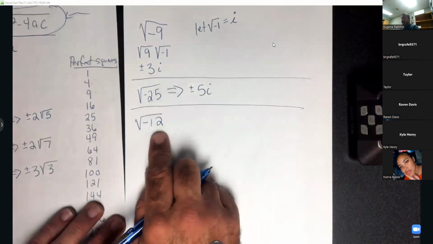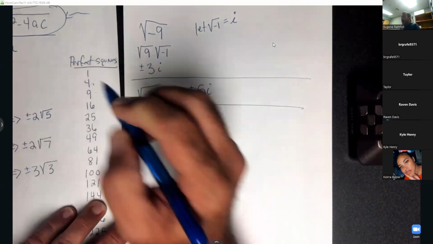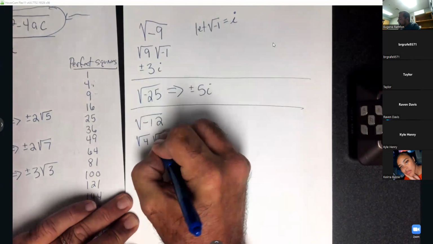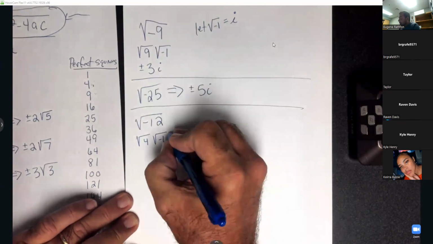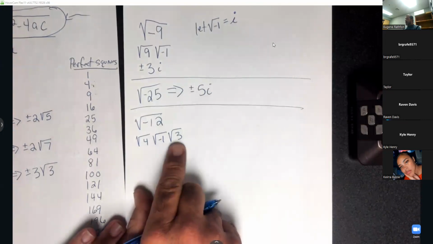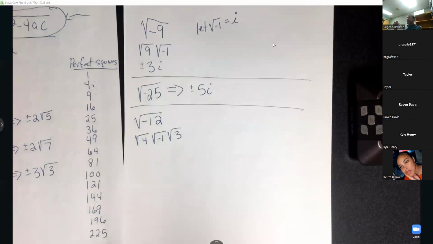So we would probably pick a perfect square factor, a 4 for that one. So what you want to do, we'll make that a 4 times the -1 times the 3. So 4 times -1 times 3 gives me -12 still under the radical.